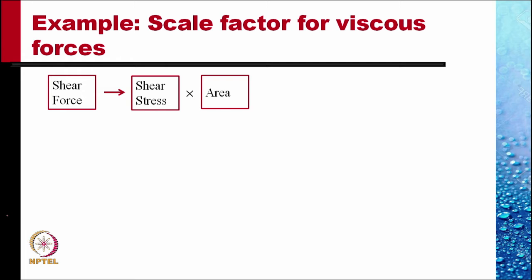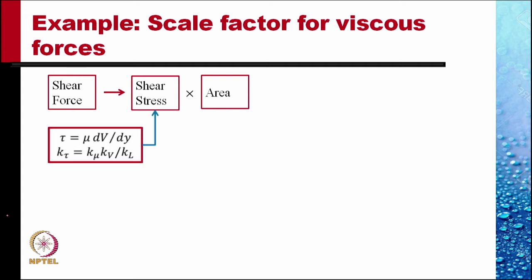For example, let's look at the viscous forces. The shear force is shear stress times area. The shear stress tau is mu times the velocity gradient, and so K tau, where tau stands for shear stress, is equal to K mu times Kv by Kl.